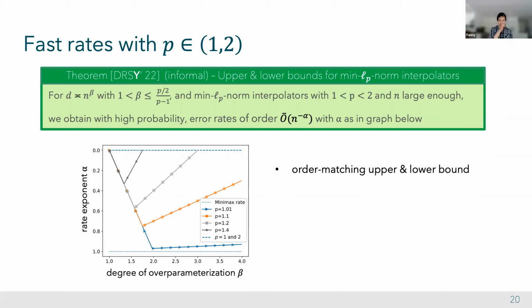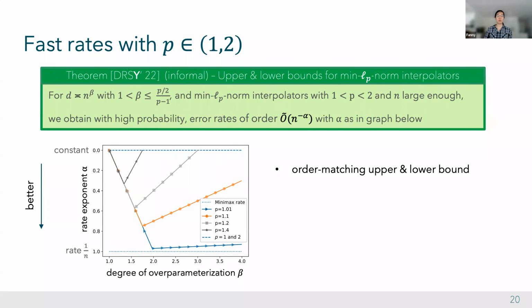Okay, so what do we see in this plot? I want you to first ignore the nice colorful lines and only focus on the lines at 0 and 1. The y-axis is the rate exponent. If α is 0, we have essentially a constant rate up to log factors, and that is what we just showed for p equal to 1 and 2.